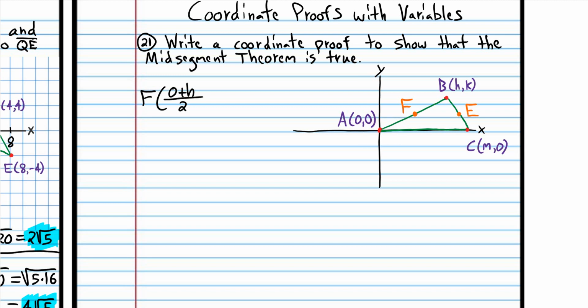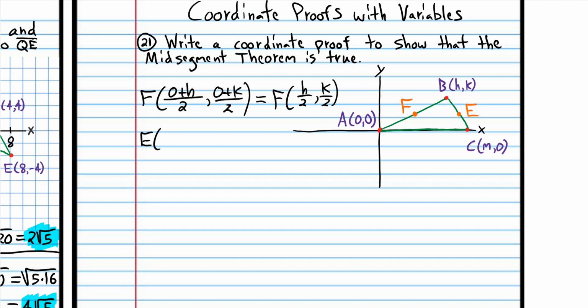It just makes things easy for us. And the y value is 0 plus k over 2. And so now we see that the midpoint is h over 2 and k over 2. That's the coordinates of F. So now we're going to find the coordinates of E.